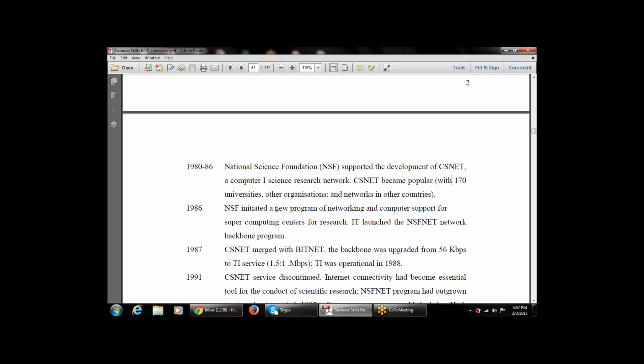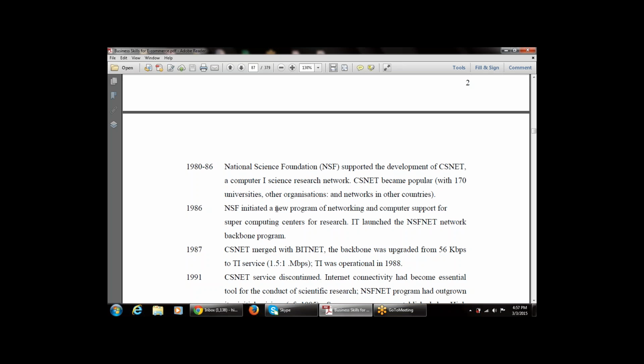It launched the NSF network backbone program. So in 82-86, the NSF developed the CSNet. Then in 1986, the NSF also launched the NSFNet program.